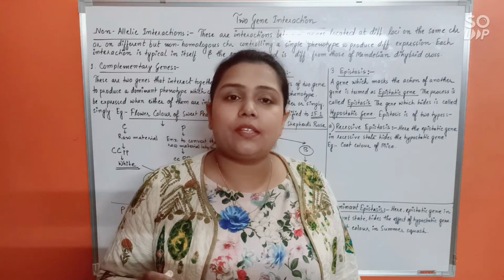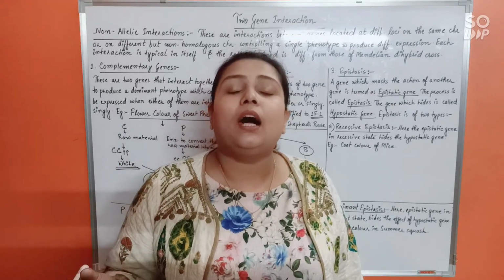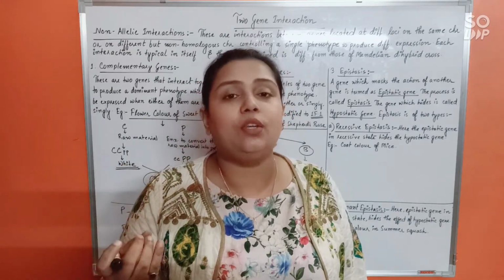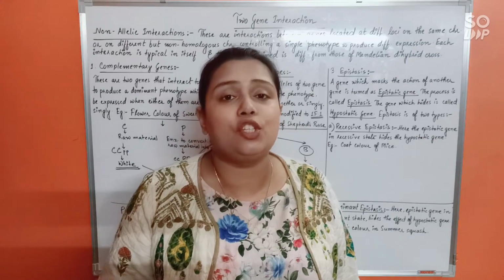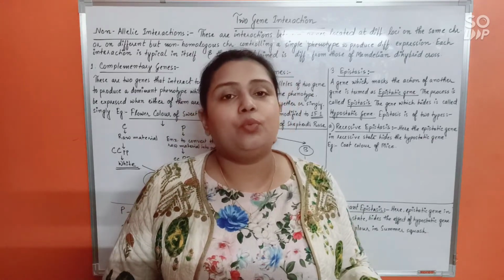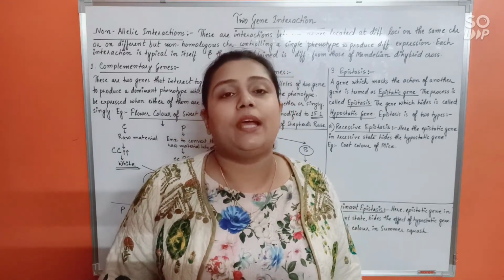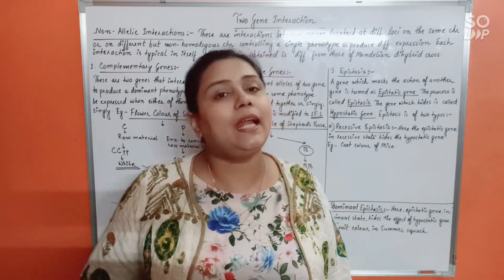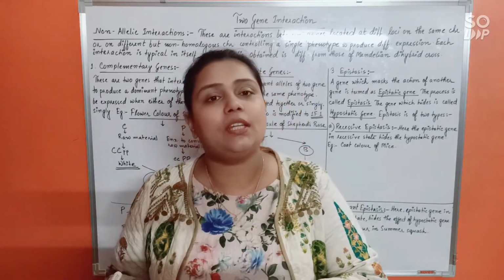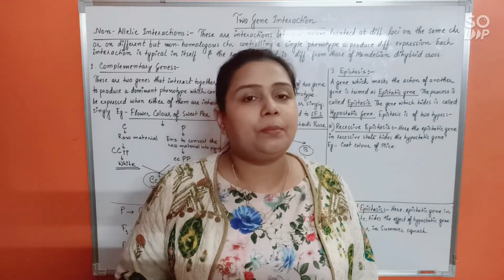So in epistasis, when two genes are participating, the gene which makes the other one hide, acting here as a dominant gene, we call the epistatic gene, and the other gene which is hiding itself, acting like a recessive one, is known as the hypostatic gene. Is that clear? Two genes are interacting in a manner that one gene is masking the expression of the other. This is called epistasis.